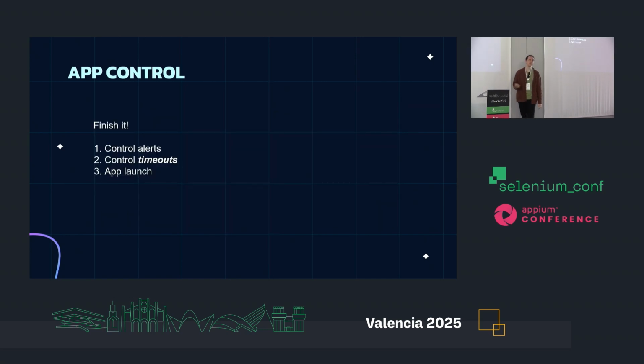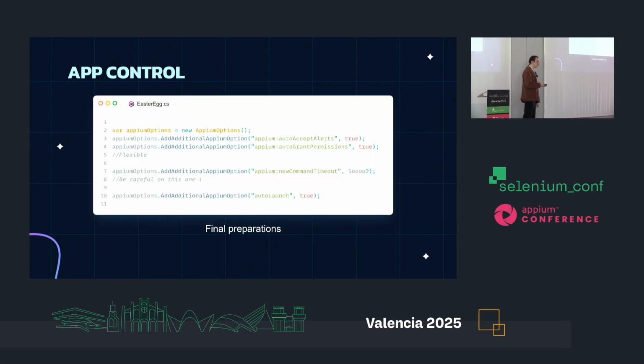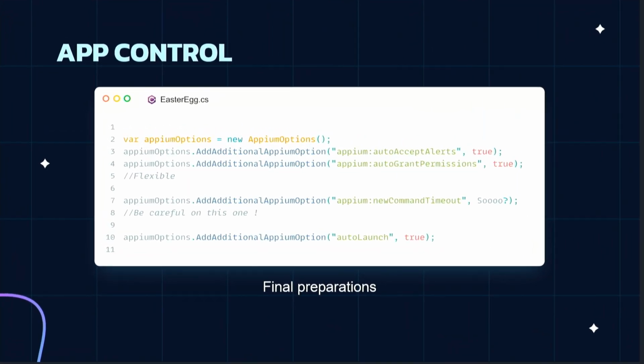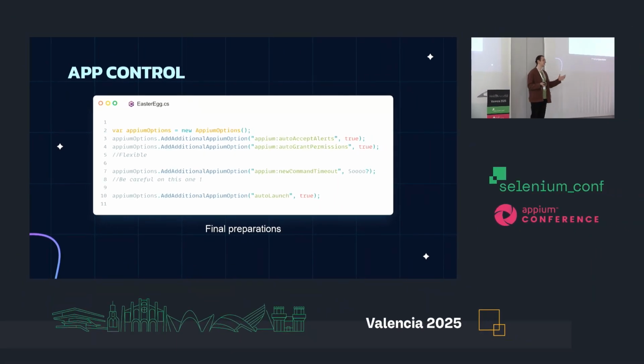And we have the final capabilities to handle. It's controlling alerts, controlling native UI elements, controlling timeouts and controlling auto launch. Normally, in basic cases, you will handle the first capabilities like auto-accept alerts and auto-grant permissions. You will set them to true, because normally you don't want these native UI elements, even in native applications, to interrupt your tests.